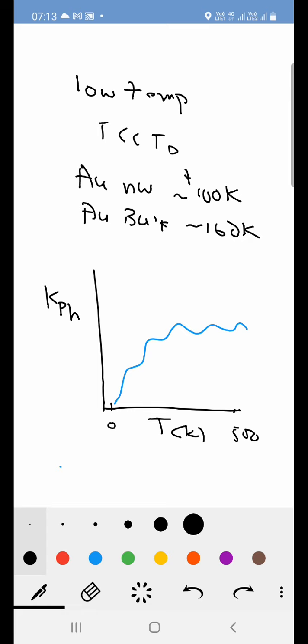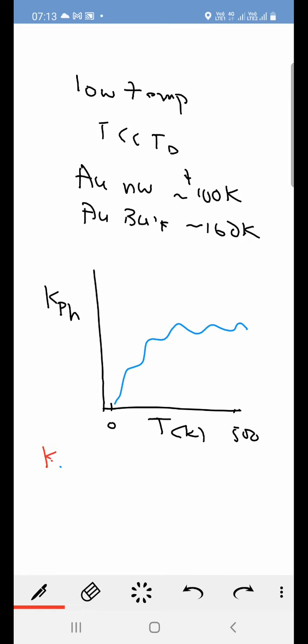So KPH is observed to tend to attain a constant value, and so it is leading to the classical behavior at high temperature.